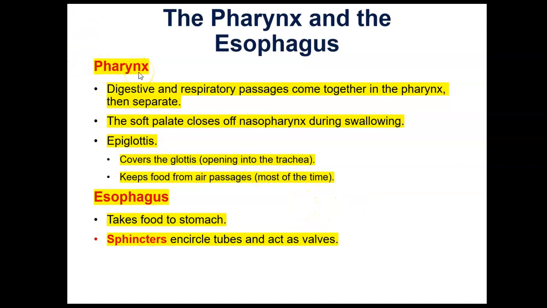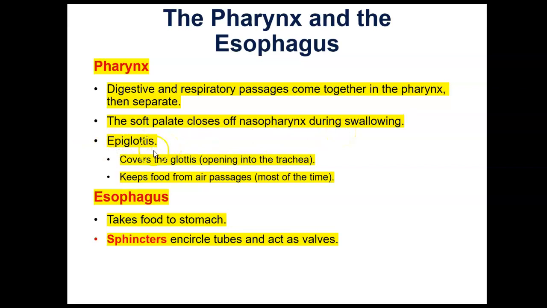So the pharynx is the throat. It is a passageway not only for the digestive system, but also the respiratory system. Air and food and drink pass through the pharynx, and then they separate: the air goes into the trachea and the food goes into the esophagus. When we swallow, the soft palate closes off the nasopharynx so that food doesn't go up our nose.